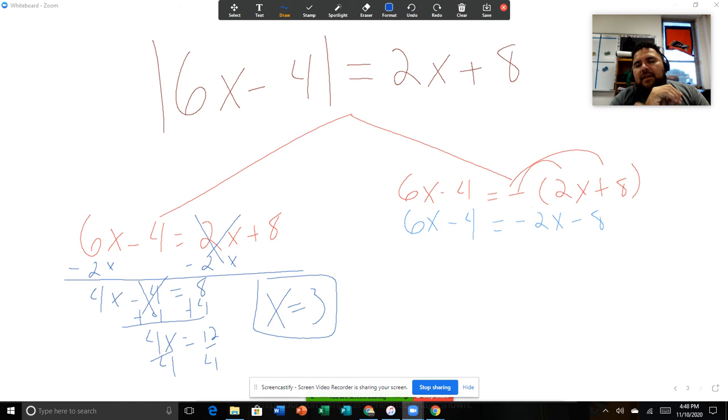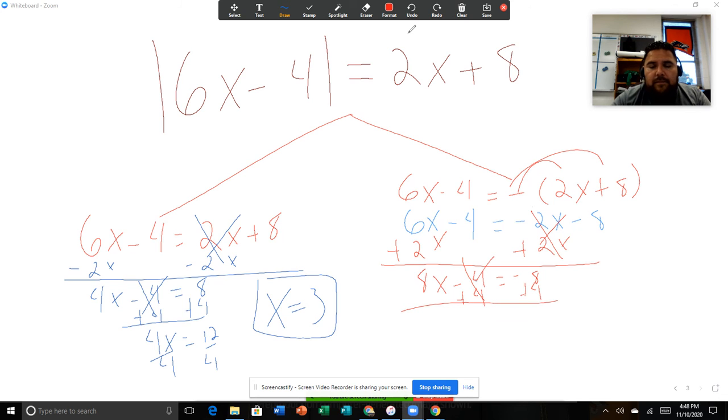Okay, now let's look at this next one. Okay, here I have 6x minus 4 equals negative 2x minus 8. Let's solve for x here. Add 2x to both sides. Cancels. 8x minus 4 equals negative 8. Add 4 to both sides. 8x equals negative 4, right?